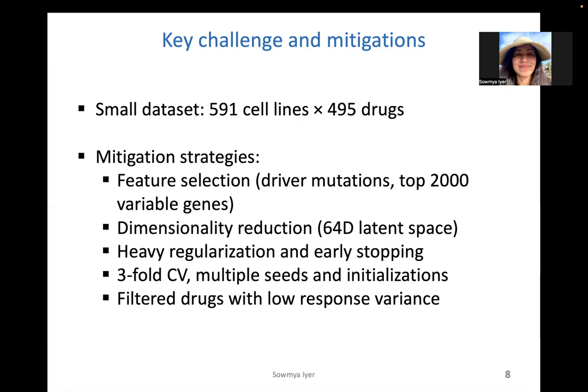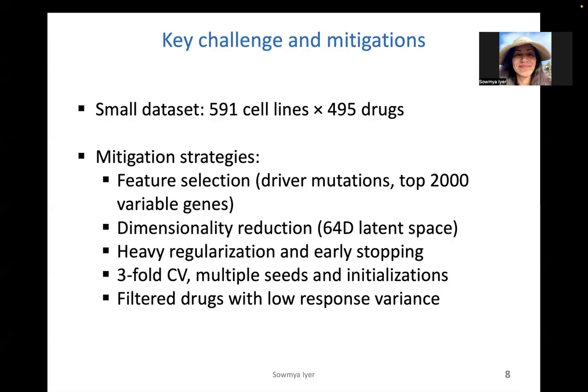I tried to mitigate this by feature selection: using only mutations in genes known as cancer drivers, using only the top 2,000 variable genes from the expression database, and dimensionality reduction to a 64-dimension latent space for those.